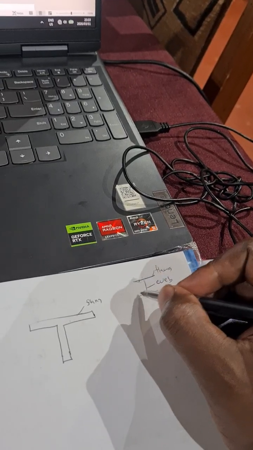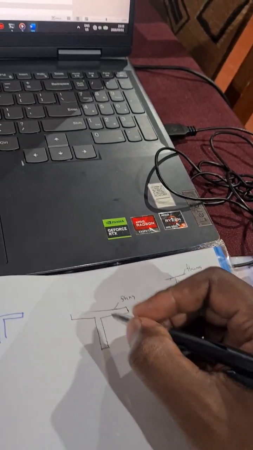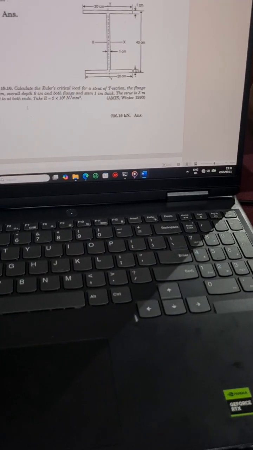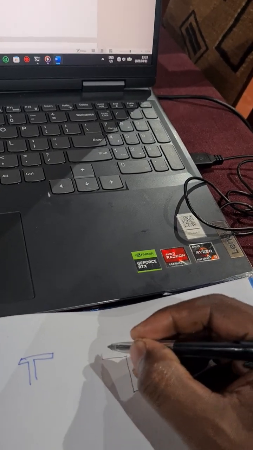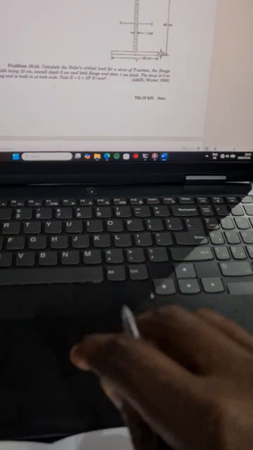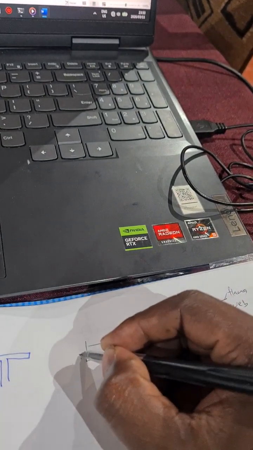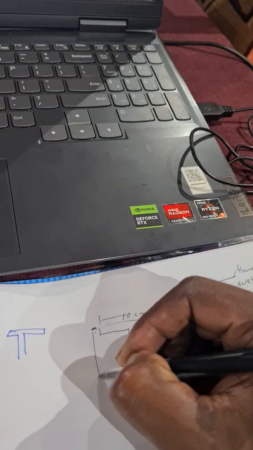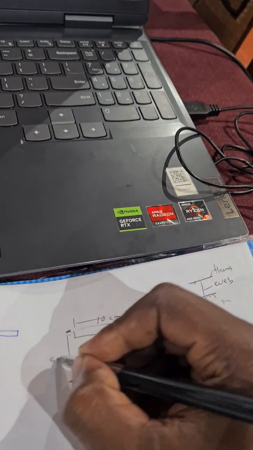So a T is just removing one flange. So we actually have a web and a flange. The flange is about 10 centimeters wide, from here to here. The overall depth means from the topmost to the bottommost, so from here to here it's 8 centimeters.